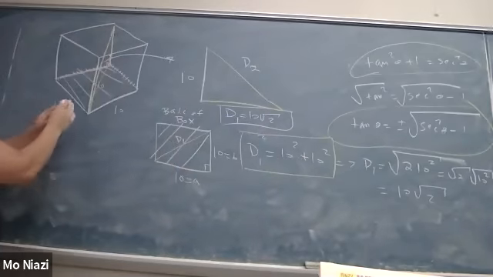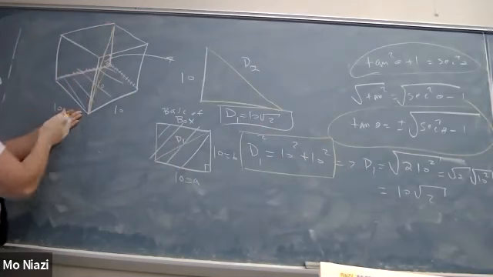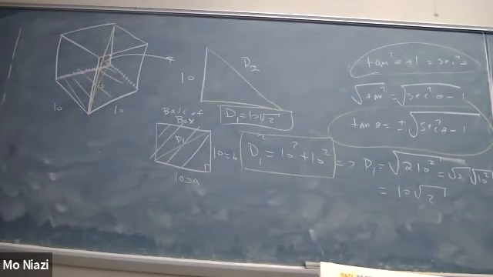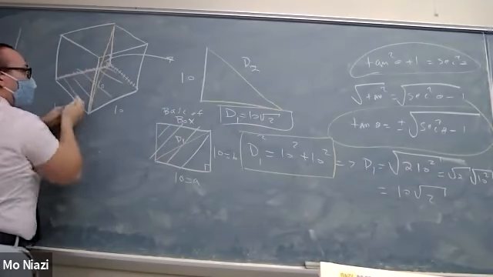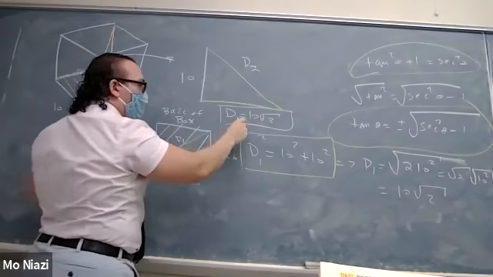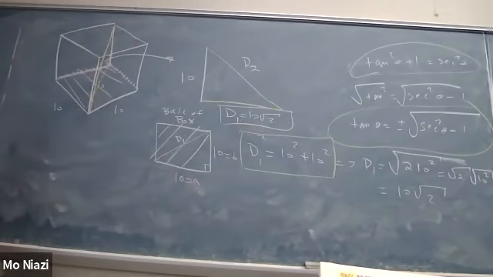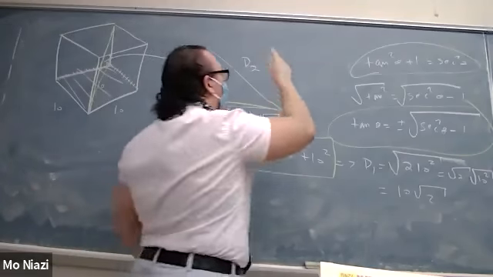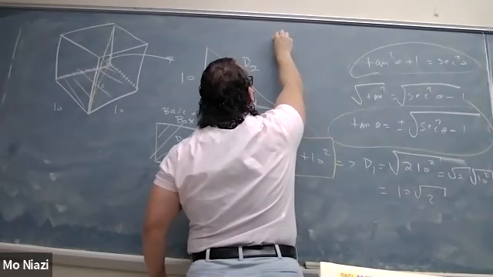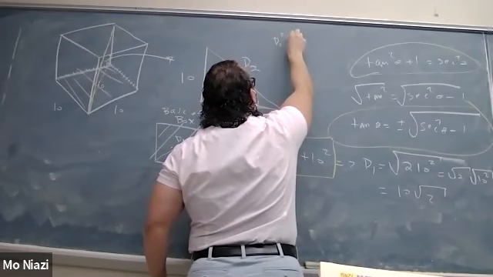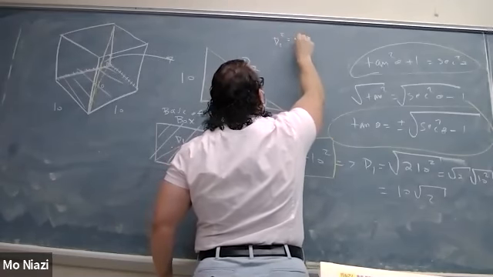But we want to know what is the diagonal of the cube, not what is the diagonal of the base of the cube. So we also need to calculate this length. But we couldn't have done it before because we didn't know what the diagonal of the base of the cube was. But now we can. So what is D2? It's another application of the Pythagorean theorem. D2 squared equals 10 squared plus D1 squared.